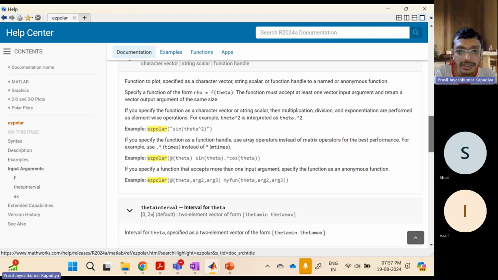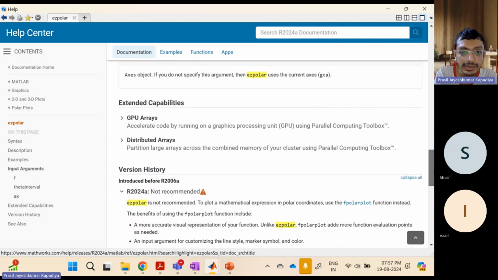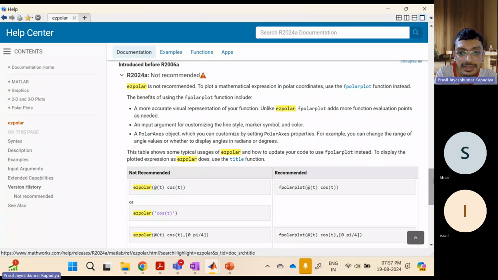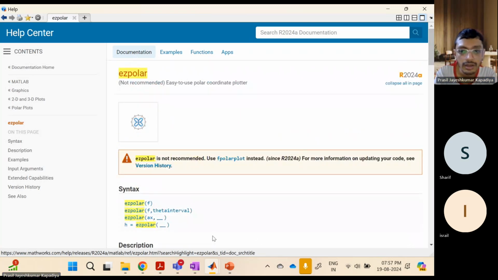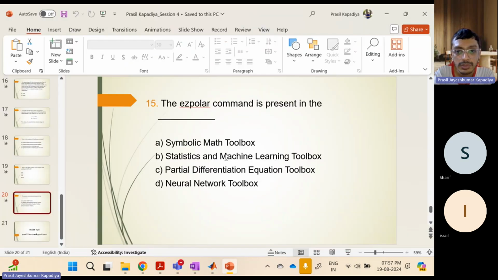Just for this example, theta square. So in 2024 it is not recommended, but it is symbolic tools, T, cos T like that. So this EZ polar falls under symbolic math toolbox. The correct answer is option A, symbolic math tool.